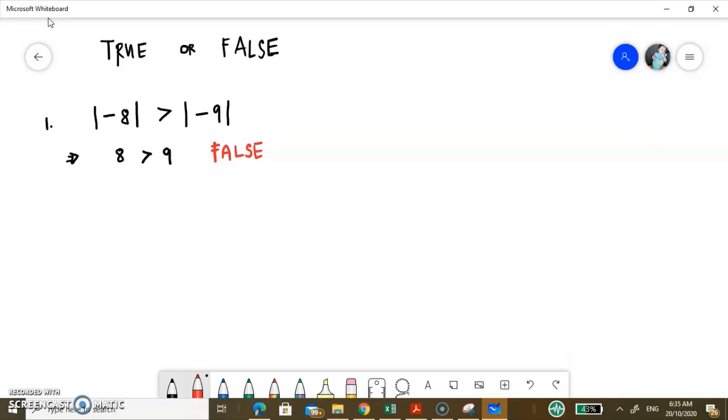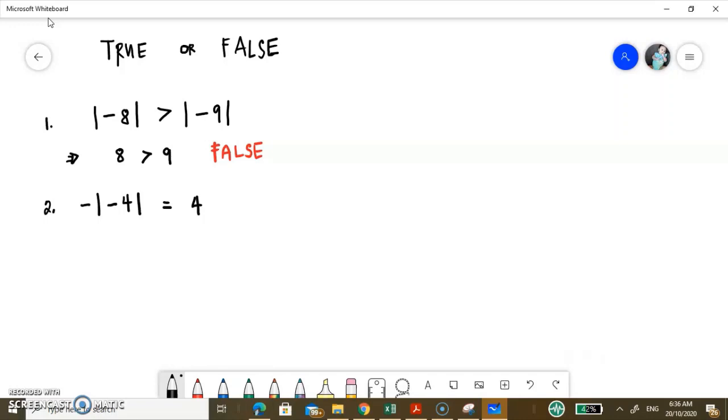Okay, another example. Say the negative of the absolute value of negative 4 is equal to 4. Okay, is this true or false? So let's check. How are we going to do this?